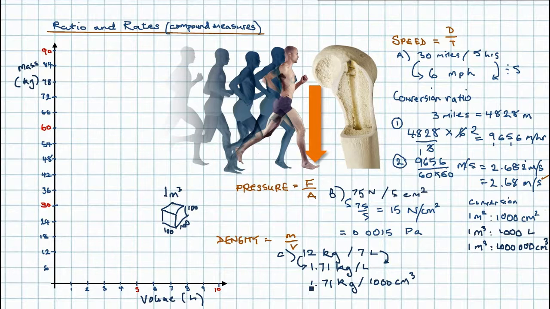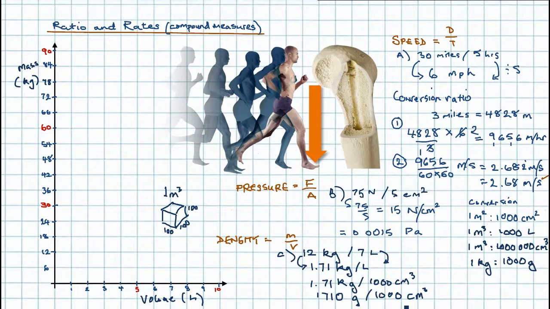Okay, now we're nearly there, but we've got to convert our 1.71 kilograms to grams. Well, that is a nice and easy one. 1 kilogram equals 1,000 grams. Okay, so we've now got 1,710 grams per 1,000 cubic centimeters.